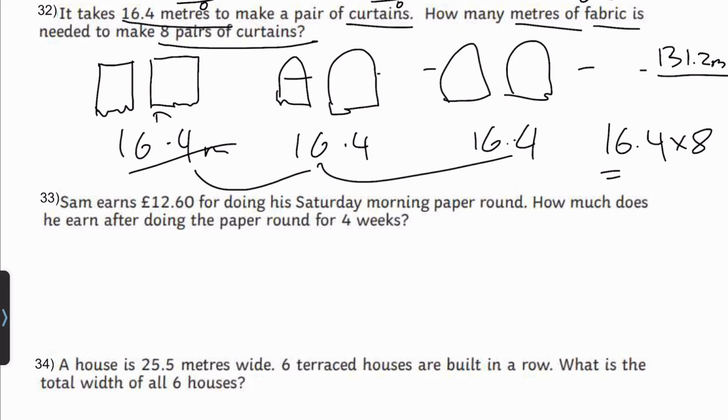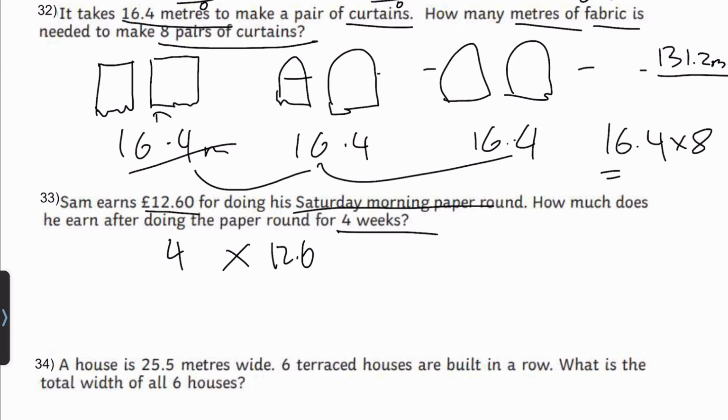33. Sam earns £12.6 for doing a Saturday morning paper round. How much is he going to earn after 4 weeks? Well, how many Saturdays are there in 4 weeks? Only 4. How much does he earn every Saturday? 12.6. So what you could do is add 12.6, add 12.6, add 12.6, add 12.6, which is 4 12.6s.